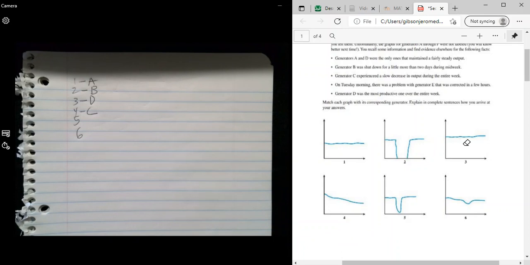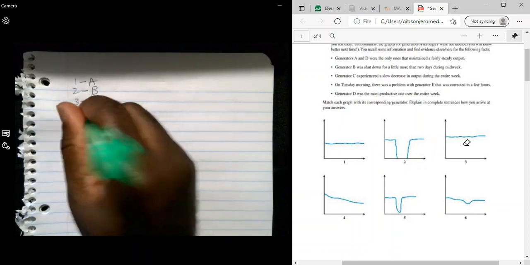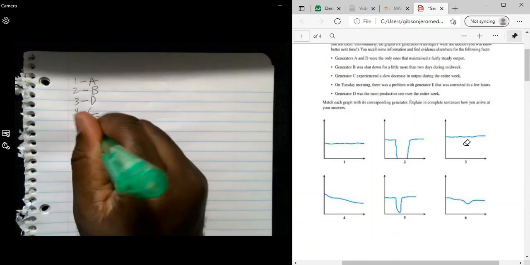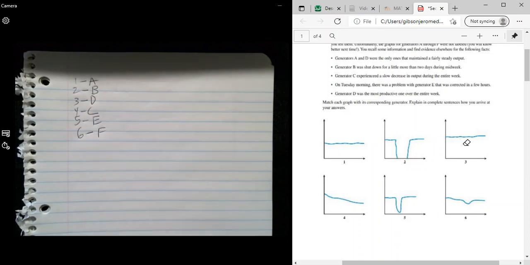So Tuesday will have to be a little earlier in the week. That would have disqualified 6. So this would have to be 5. And then finally, the only one that's left is F. So those are all of your generators.